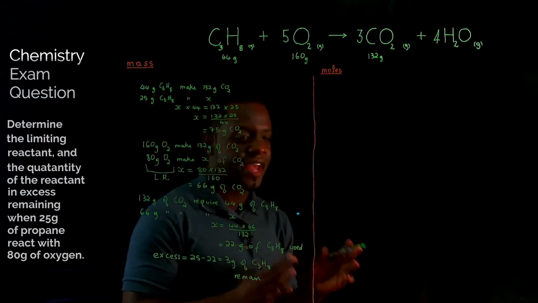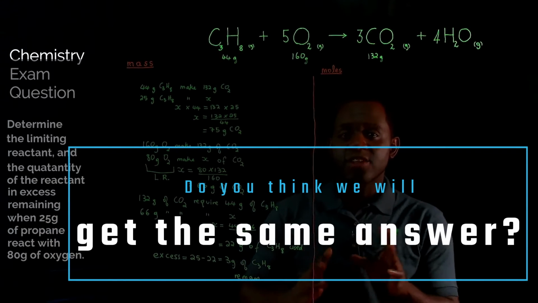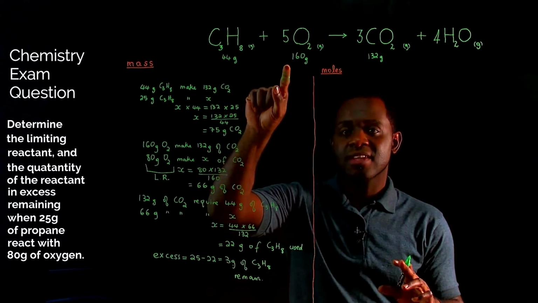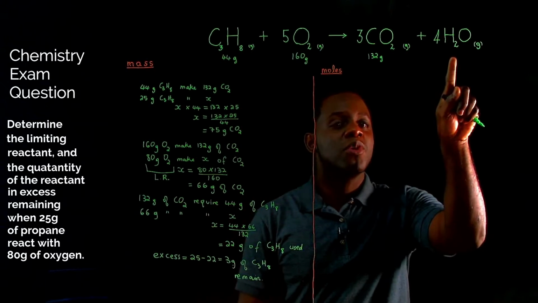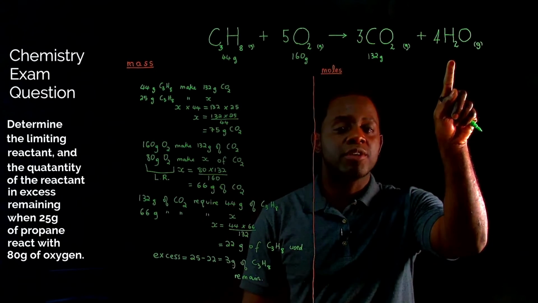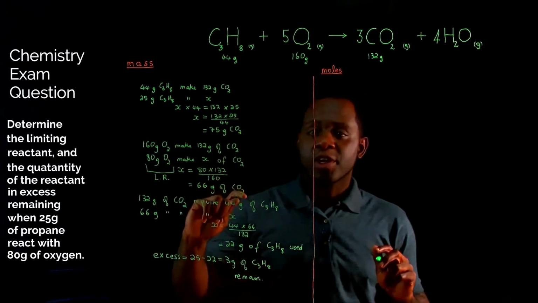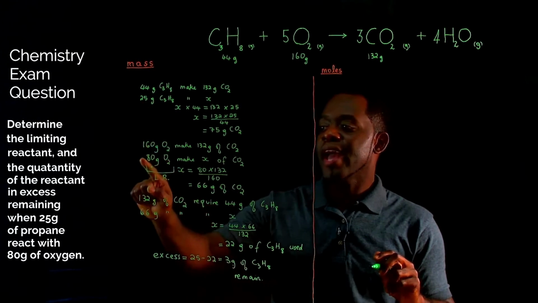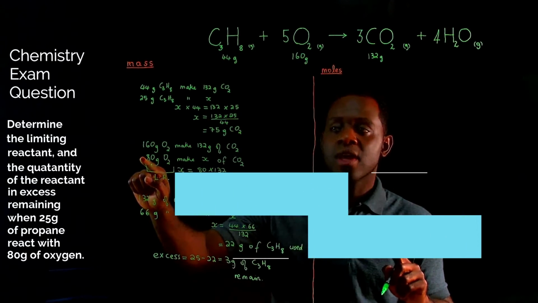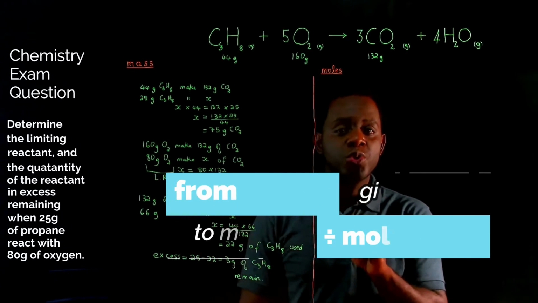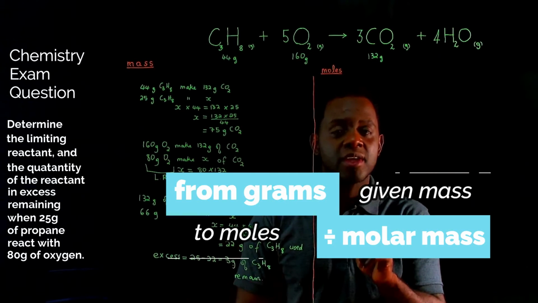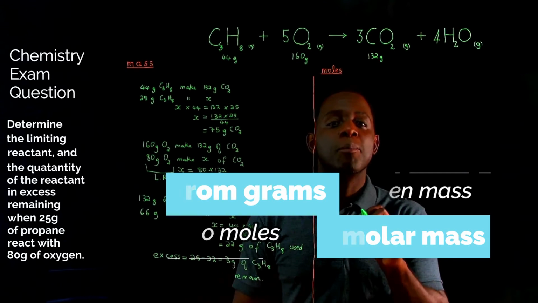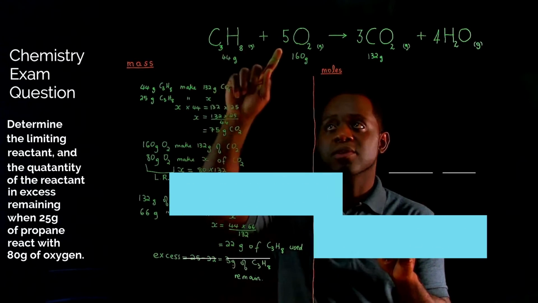Now for our second approach. In this second approach, we need to relate the number of moles of the reactants to the number of moles of the steam product formed. Let's convert the number of grams of the propane and the oxygen used to moles. To do so, we need to convert the grams to moles by dividing by the molar mass of each of the molecules.